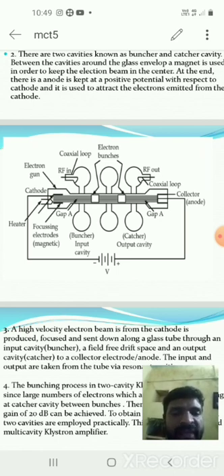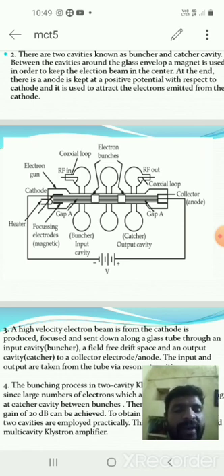In between the cathode and anode we use a glass tube or vacuum tube. In this vacuum tube we have two main cavities: the buncher cavity, which is the input, and the catcher cavity, which is the output. The RF input is given to the buncher cavity, and RF output is taken from the catcher cavity.